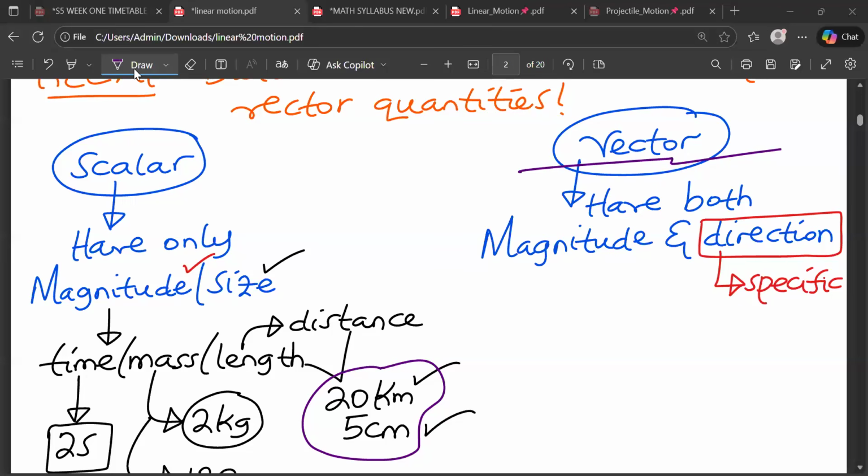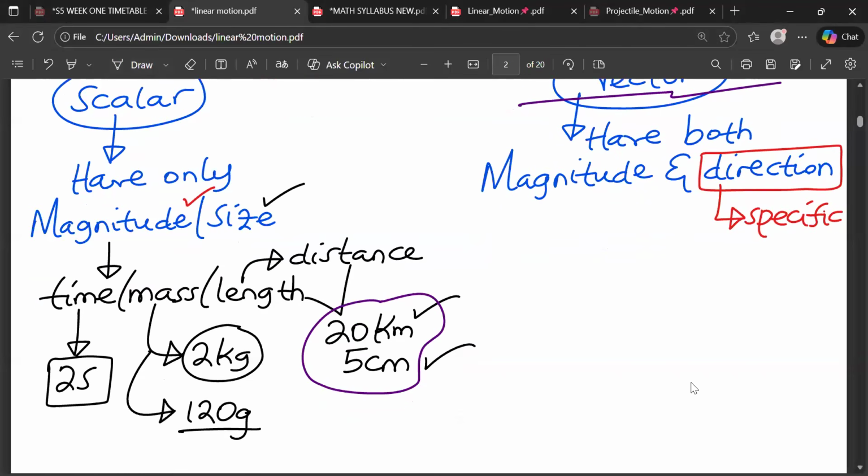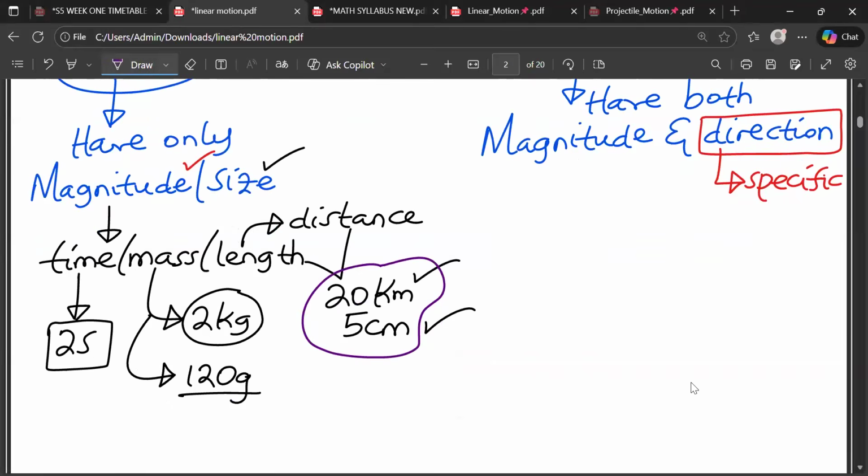So, what do I mean here? For example, she gave us an example of velocity, she gave us displacement. So, how are these things written? How are these things written?